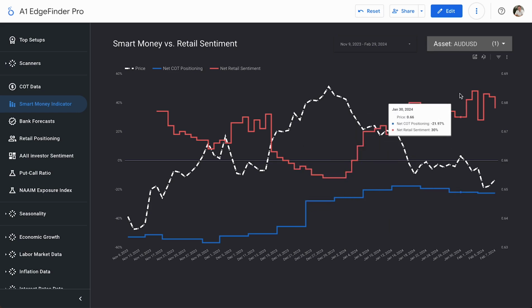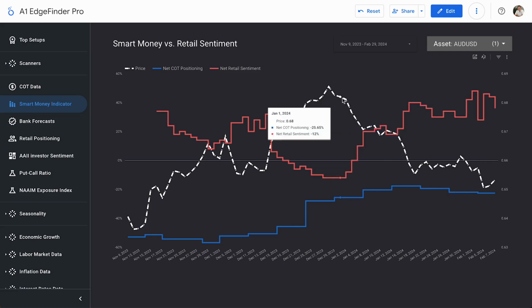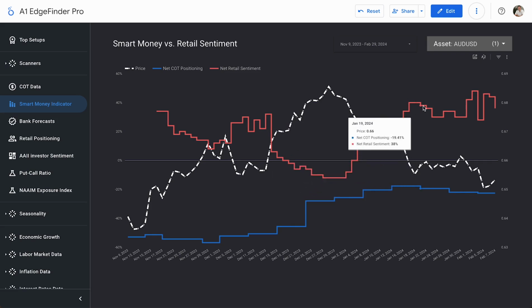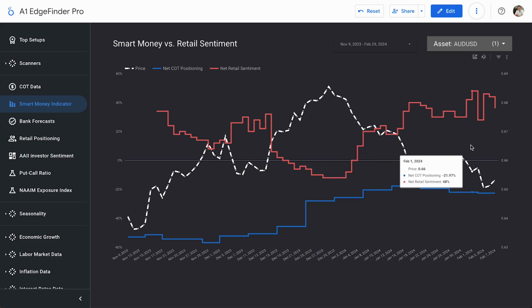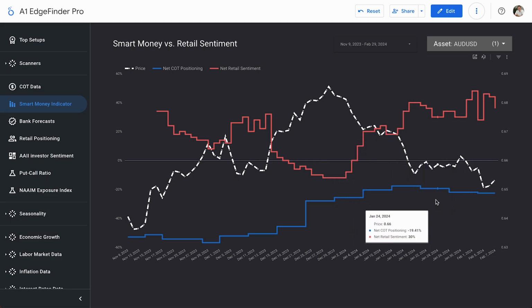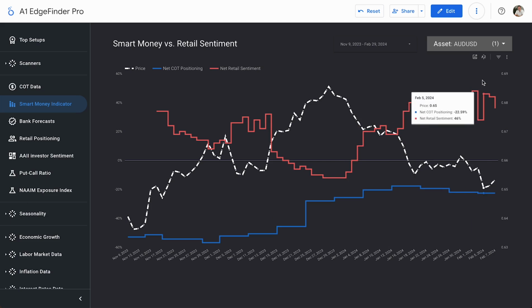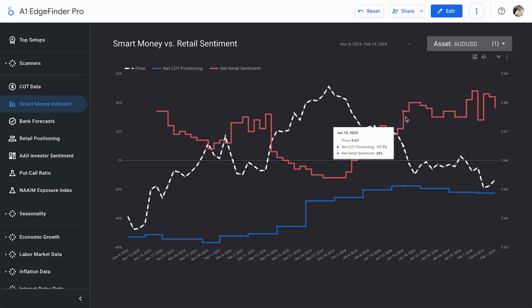That's why we have these tools to help them find better positions, right? So as AUD USD was going down, retail was going long, but COT stayed bearish. So really all this is telling me right now is that COT is still kind of bearish on AUD USD, retail still long on AUD USD.